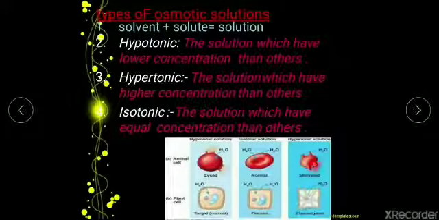So the cell will start shrinking. As a result of shrinkage of the cell, the cell will become more and more flaccid, and after some period of time it may lyse also. Lysis means breakdown or a leakage of cytoplasm. तो बहुत ज़्यादा होते जाएगा, जब वाटर लीक होते जाएगा तो क्या होगा, the cytoplasm will shrink and it will lyse after some period of time.